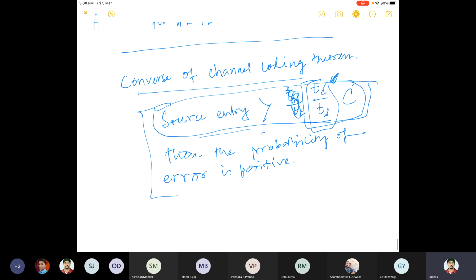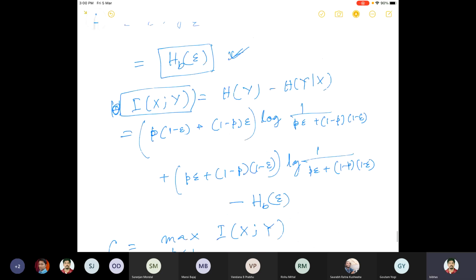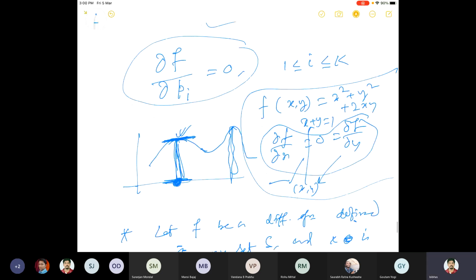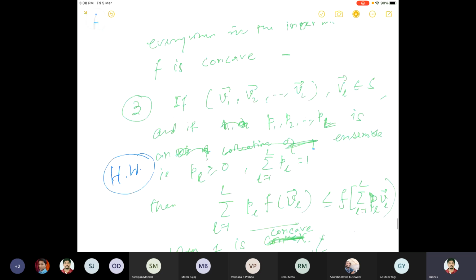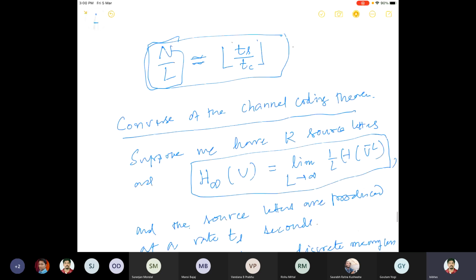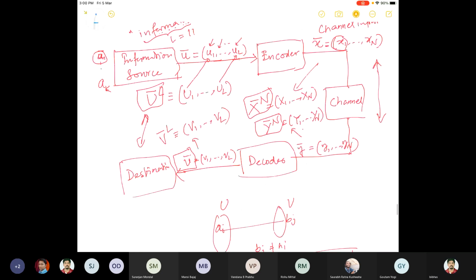Let me go to the picture here. If you look at the picture of this communication channel, he does not say anything about this part. How you are encoding this and how you are decoding this is independent.